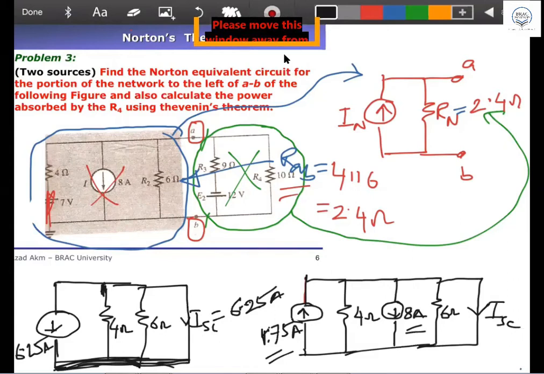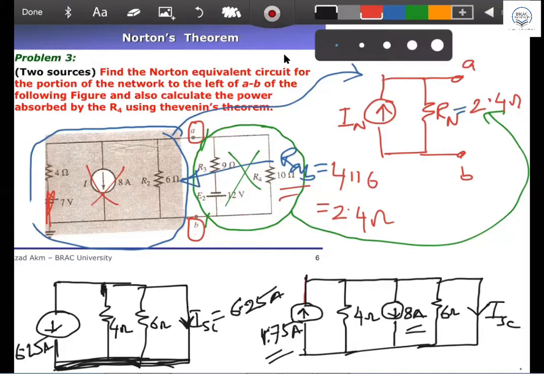But still the answer is wrong. Can anybody tell me the right answer? He is almost correct, but there is a little bit of error. Sir, the current direction: it should be minus 6.25 because it's going in the opposite direction. Yes, this is minus 6.25, right?